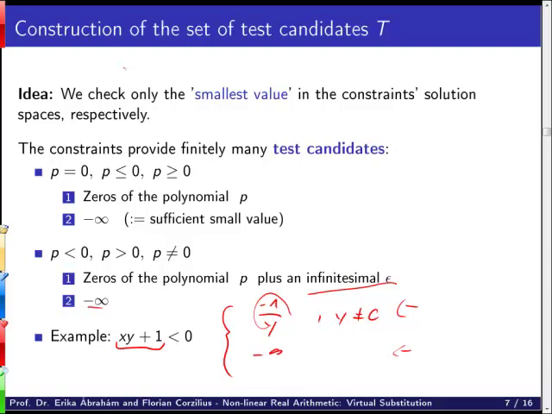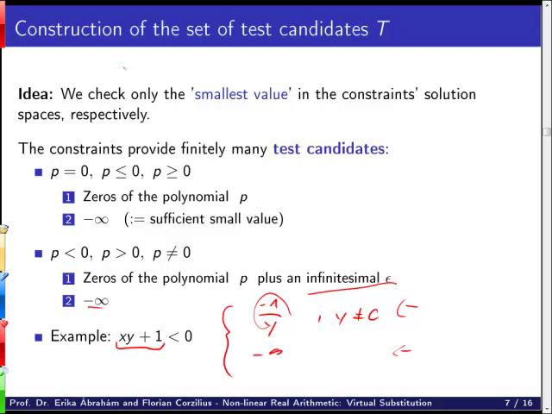Okay, for the strict ones, so for not equal or smaller or greater, there we had to add to the 0 an infinitesimal, which is just a very small number. That means we have here the 0 plus some infinitesimal, so a number which is very close to 0, but greater than 0. Okay?